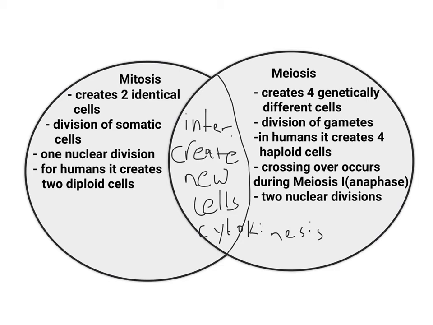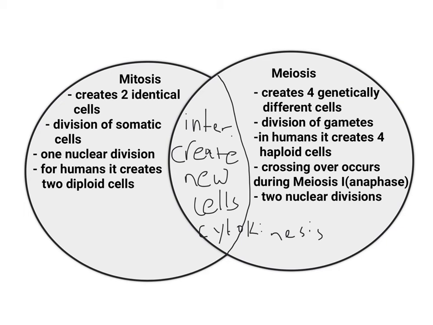So we've talked about division of somatic cells, and we've talked about the division of sex cells. The whole process itself is the cell cycle, and you'll need to be able to define what the cell cycle is, which, remember, is the stages that a cell goes through in its lifetime, and then be able to tell me the stages that the cell goes through.